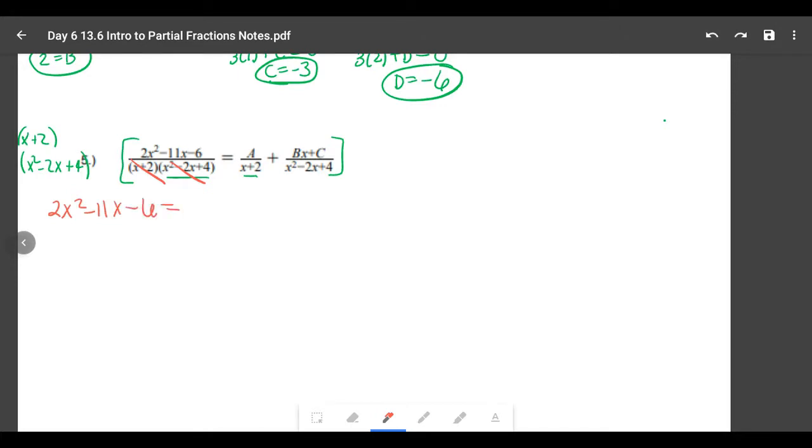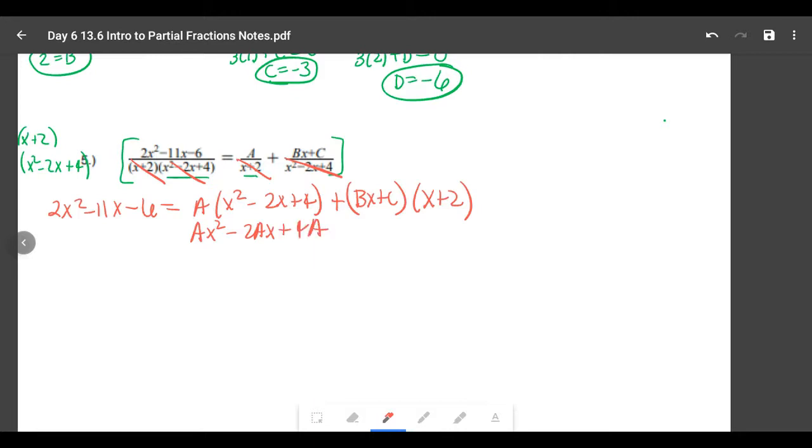In my second fraction, I'm going to eliminate the x plus 2 part, but we still have a times this trinomial, x squared minus 2x plus 4. And in the third fraction, I will eliminate the trinomial, so I am left with the binomial, x plus 2 times bx plus c. All right, I need to do some distributing, so ax squared minus 2ax plus 4a plus bx squared plus 2bx plus cx plus 2c.